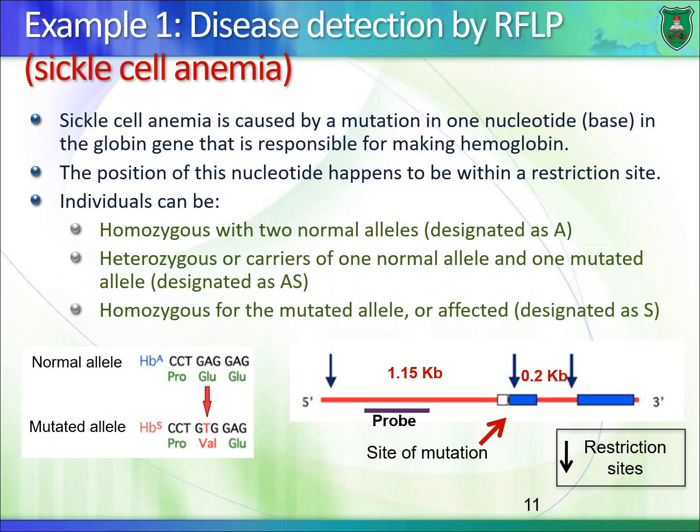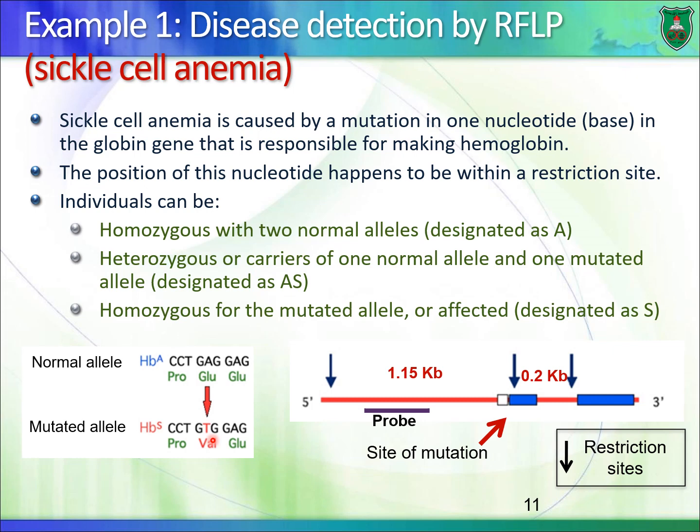So that's example number one. Detecting a disease known as sickle cell anemia. So sickle cell anemia is basically caused by a mutation in a single base. So instead of having GAG, rather the person would have GTG.